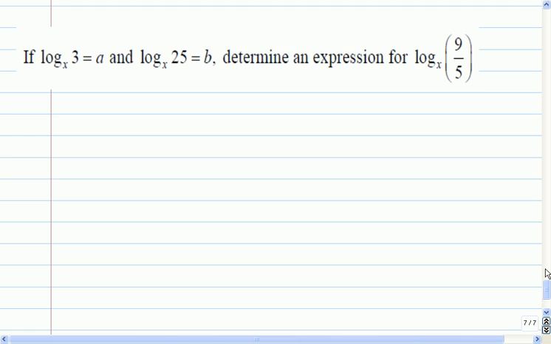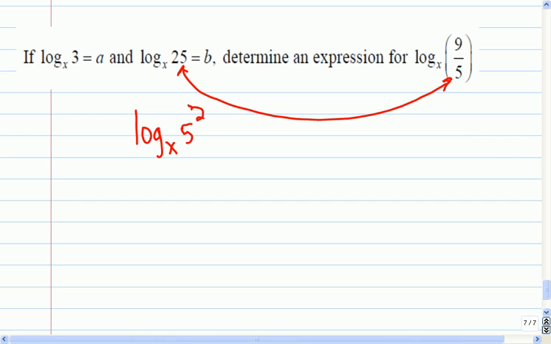Okay, so those of you who've been, as I walked around, I noticed that you're trying to connect the 5 and the 25, right? And you're correct in thinking that you want to take a square root. But what we really would like to see is the log base x of 5 squared. That's the way I want to think of it in order to get a 5 in my answer.